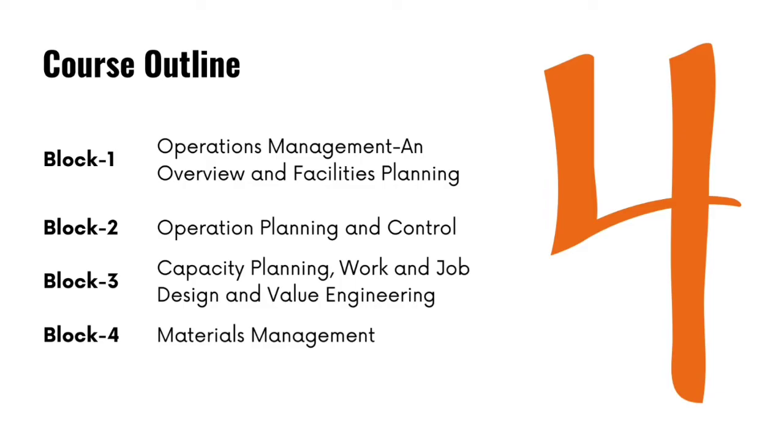And block 4, which is the concluding block, we will talk about inventory management and the various ways in which we can standardize or codify and reduce the variety of the machines and materials that we have. Though we say variety is the spice of life, if you have too many varieties of materials or machines in your job shop, it becomes very difficult to manage. Just imagine, in a mechanic's workshop, how many different types of nuts and bolts there will be.